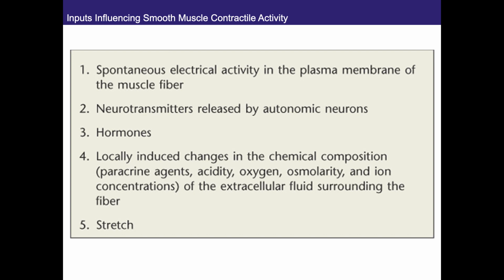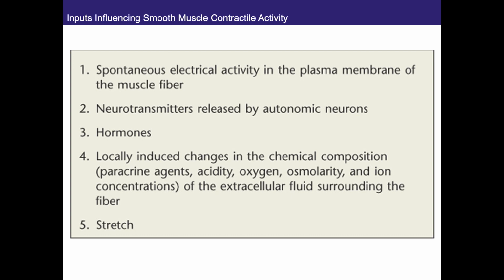Also, local changes, right? With a lack of oxygen, you can imagine your tissue, when it is really deprived of oxygen, it will send local paracrine signaling molecules to cause vasodilation to actually help with oxygen delivery.